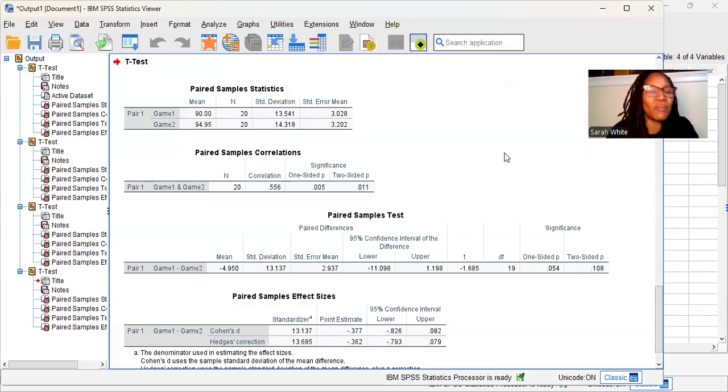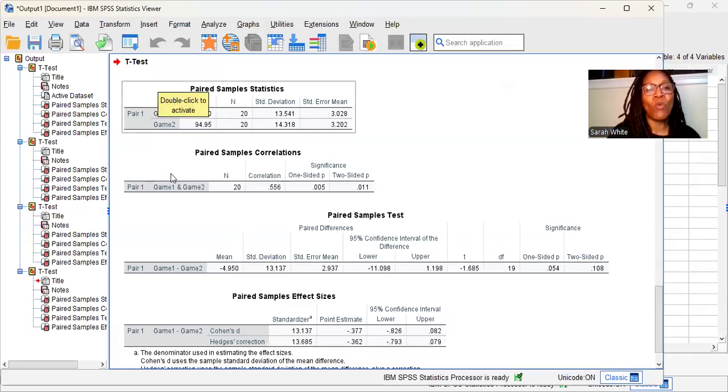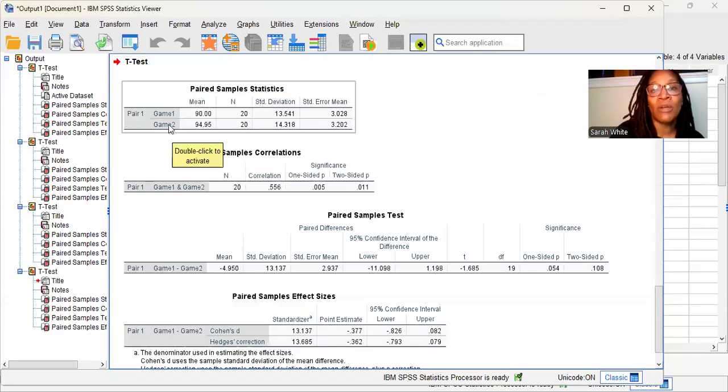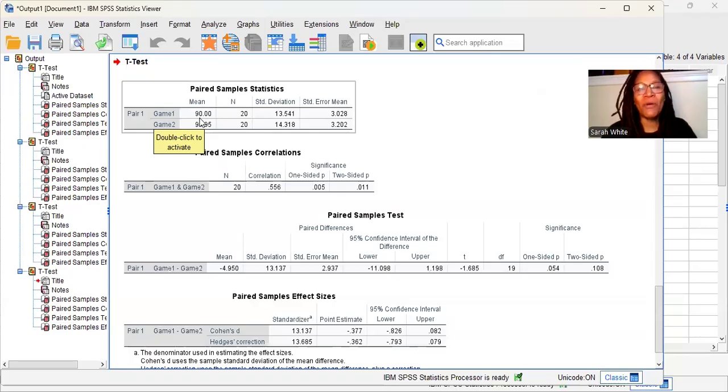All right, so now you should be able to see our descriptive statistics here. If we go to this first square, we've got paired sample statistics, or descriptive statistics, and game one stands for our pre-test. Game two is our post game after the 15 minutes of bowling coaching. For our pre-coaching sample, the mean is 90 points with a standard deviation of 13.54.